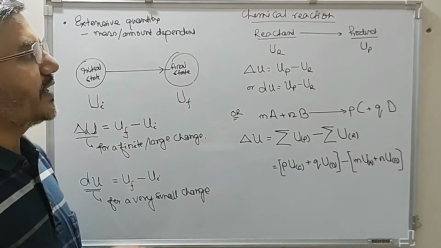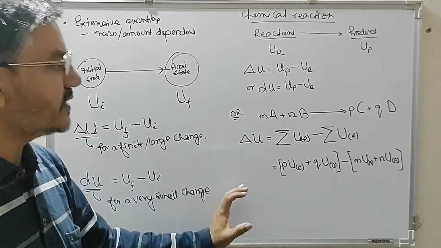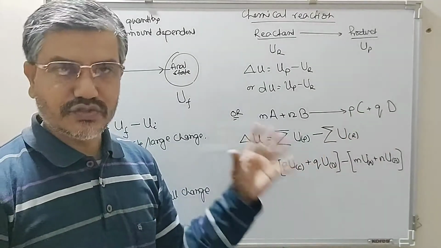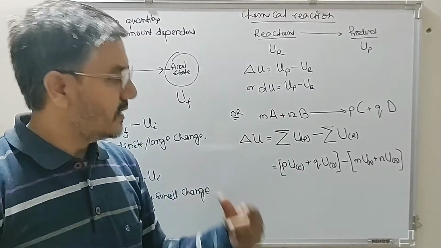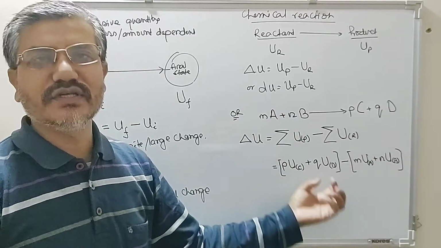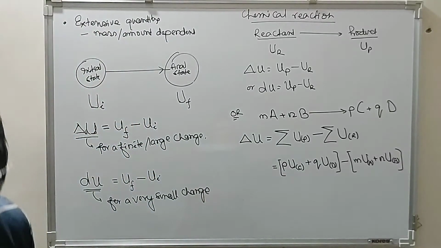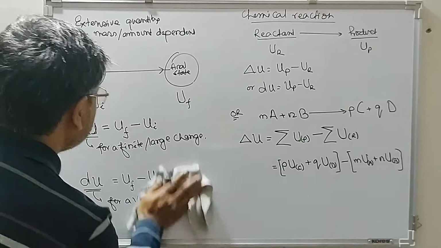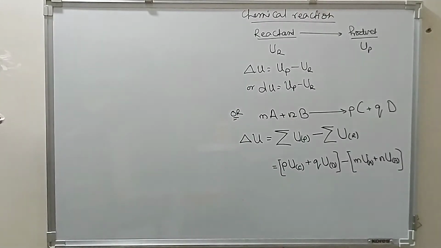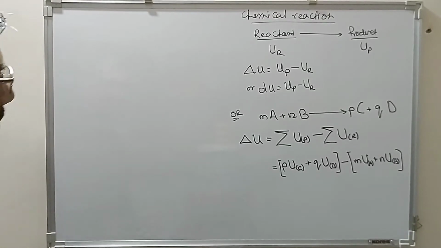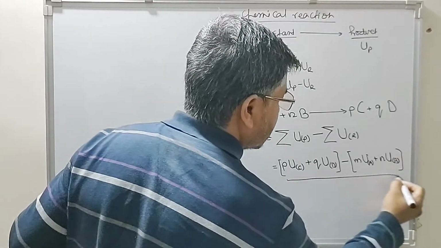So this is how we define the change in internal energy of a given chemical reaction, provided the values are mentioned to you. Now this is the difference between the product and the reactant. This difference may be positive, may be negative. Look at this difference, as I told you, this is the difference in the internal energies.